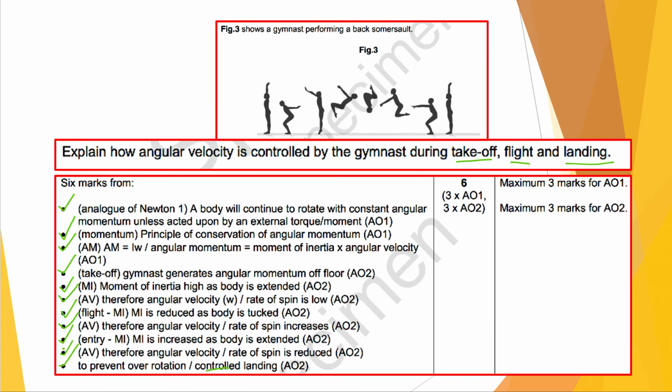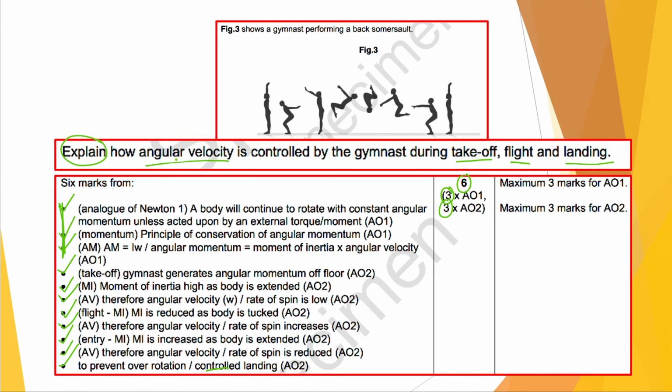So there are a lot of possible marks there, but you'll see that you needed to get 3 AO1 and 3 AO2 to get the 6 marks. So you had to pick up these 3 marks for all 6 marks. And it meant that this question needed you to say in your brain, explain angular velocity.